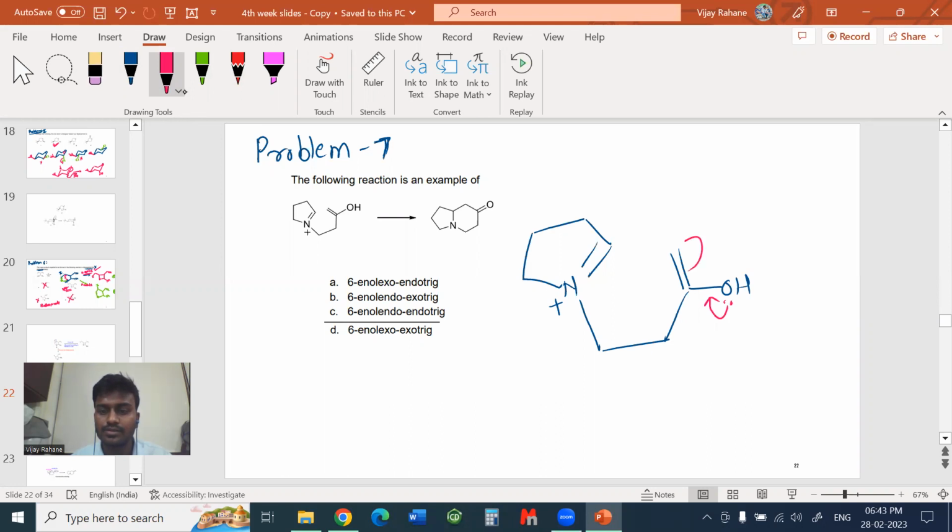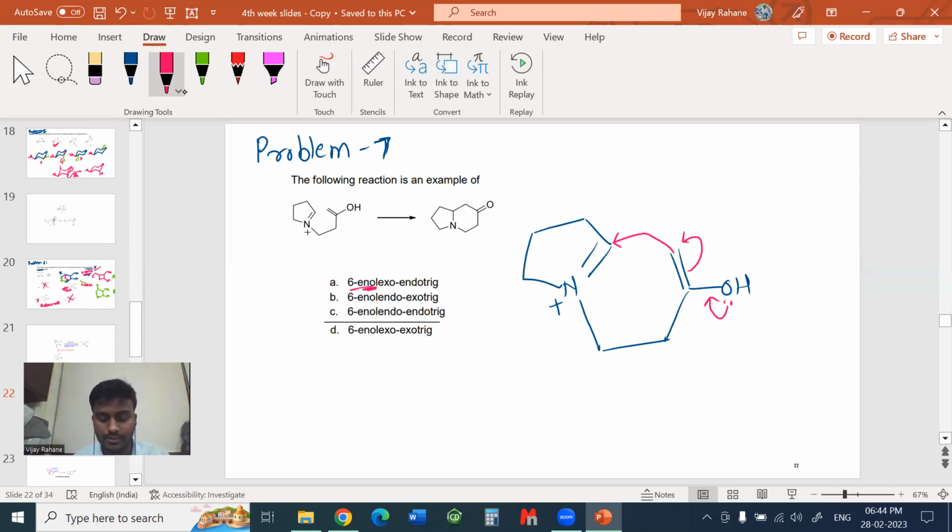So via this center, the nucleophilic attack takes place like this, and this is what we call keto-enol tautomerization. This we call an enol, right? And if it opens inside, then it's enol endo, and if it opens on the outer side of the ring, then it will be enol exo, right?